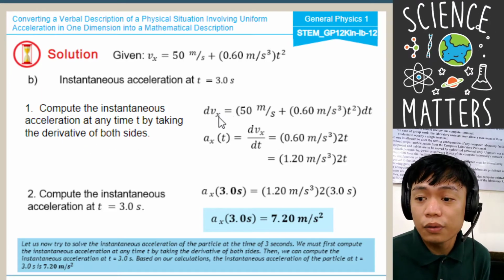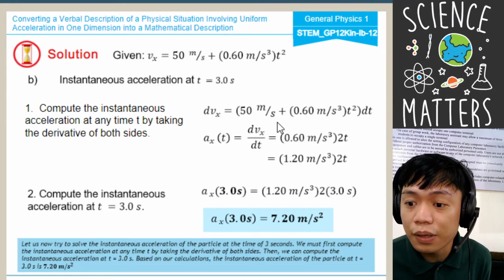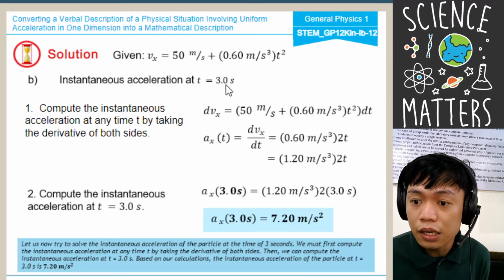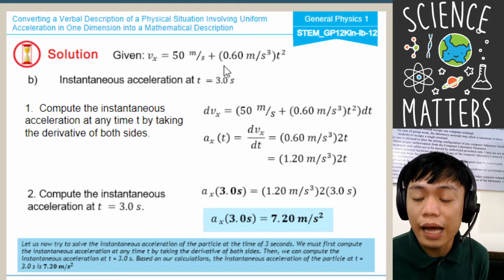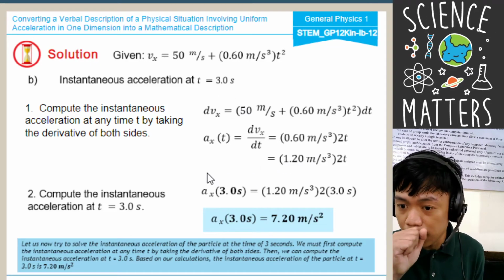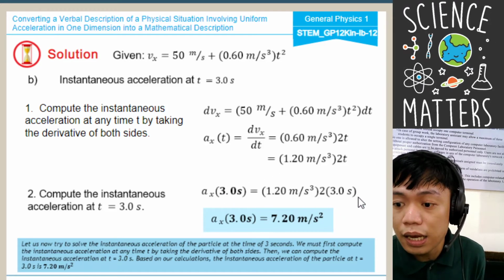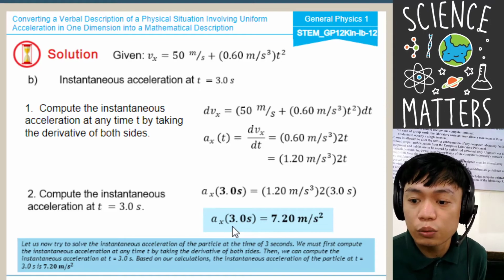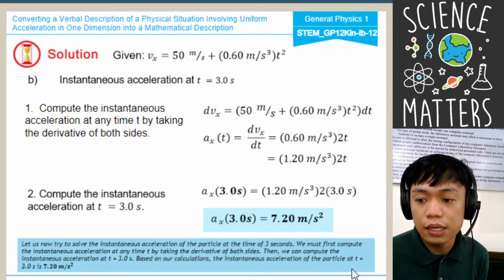We derive the formula and substitute the values given there. Since 3 is our time, we just substitute it, and then we get this formula. Then we calculate it using a calculator, and we get the instantaneous acceleration at 3.0 seconds, which is equal to 7.20 meter per second squared.